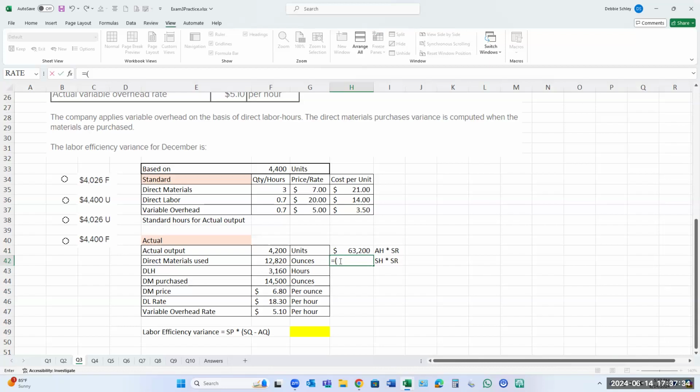The SH is going to be the actual units times the standard hours allowed per unit, times the standard rate. So I'm going to subtract. I get 44,000, and actual is more than the standard, or what I thought should happen, so that is unfavorable.